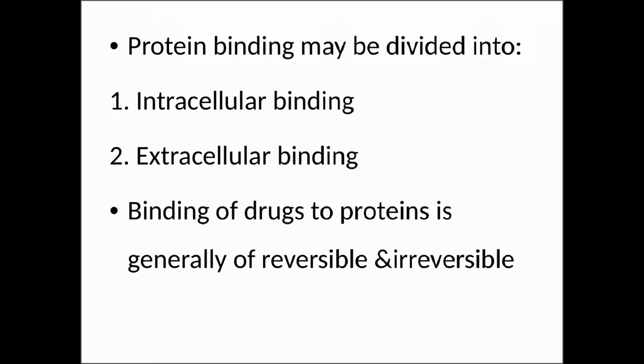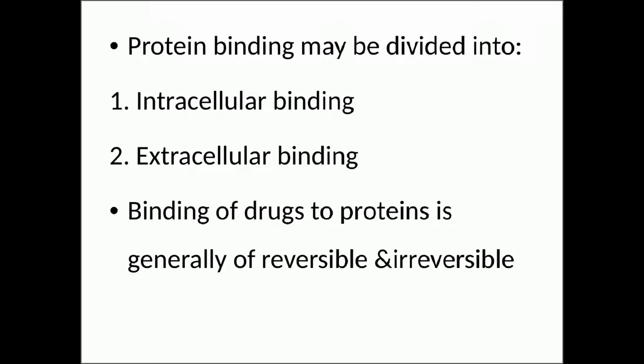Now overall the protein binding is divided into two separate categories. One is intracellular binding and the second one is extracellular binding. As the name suggests, the protein drug binding takes place within the cell or outside the cell.